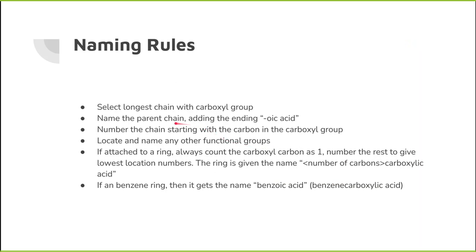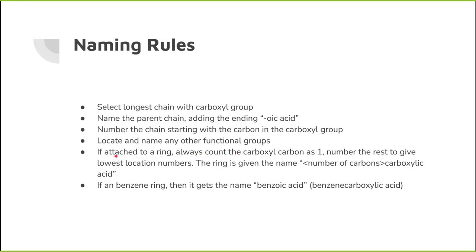Naming rules. Select the longest chain with the carboxyl group if it's a chain. You name the parent chain, adding the ending -oic acid. You number the chain starting with the carbon in the carboxyl group, or the closest end to it. Locate and name your other functional groups.